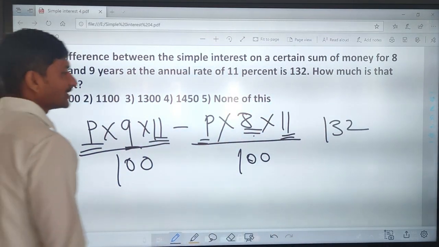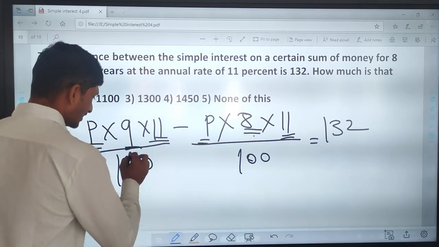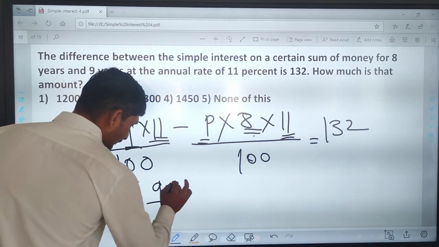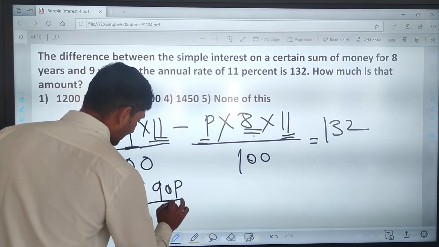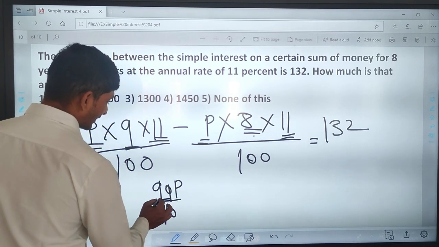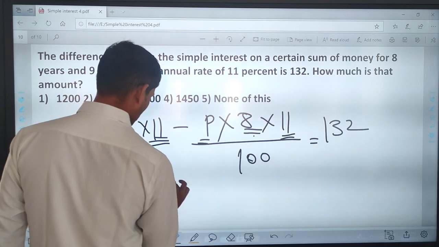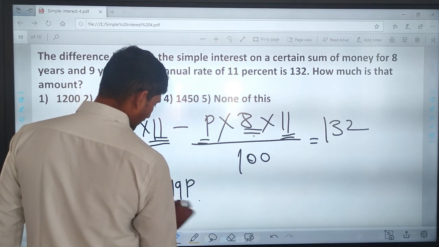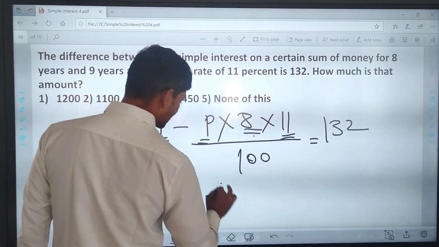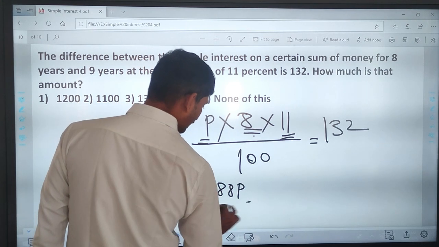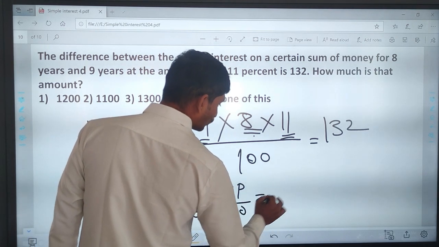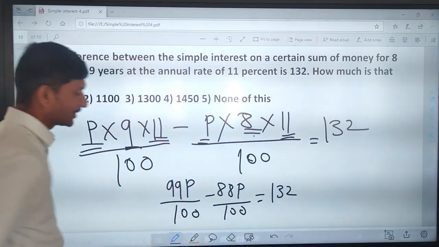Now we solve this equation. 99P divided by 100 minus 88P divided by 100 is equal to 132.